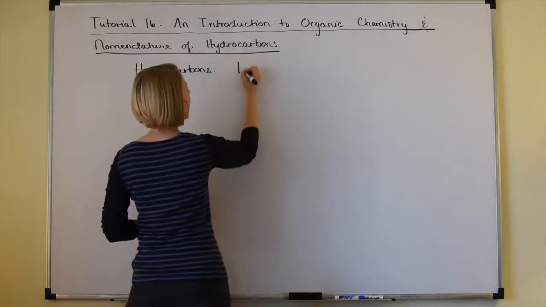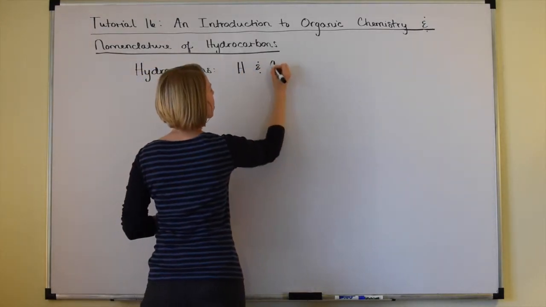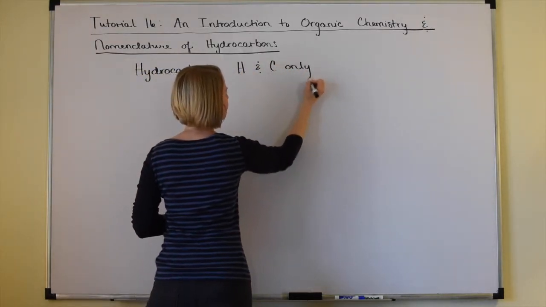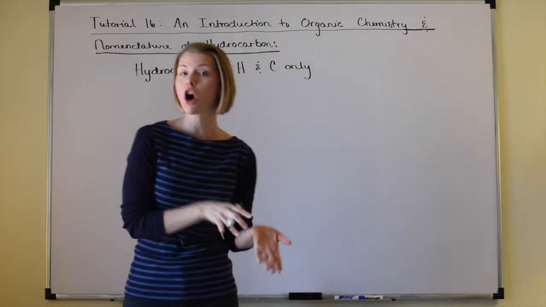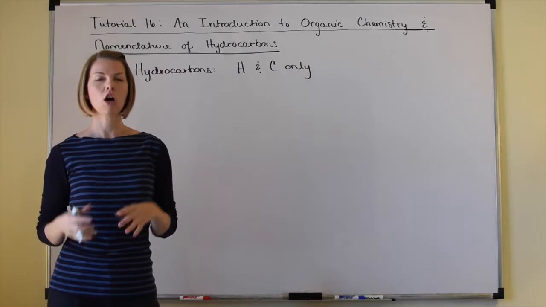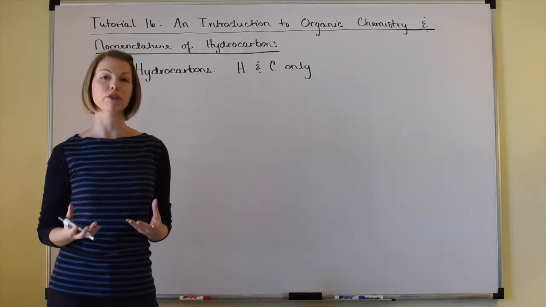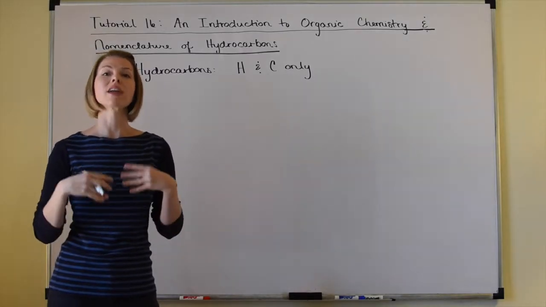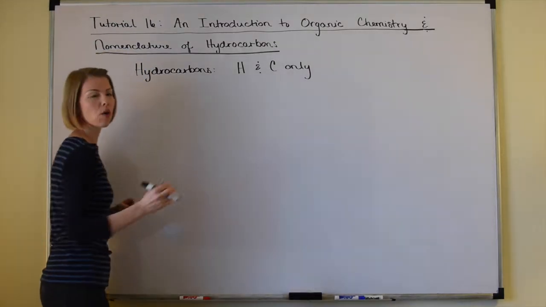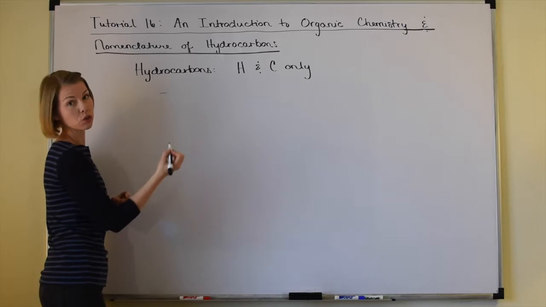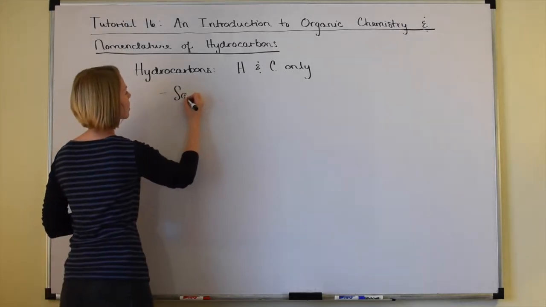So I'm going to write here hydrogen and carbon only. And hydrocarbons can be either saturated or unsaturated, where these terms are really referring to the quantity of hydrogen in the molecules. So let's start out by talking about saturated hydrocarbons.